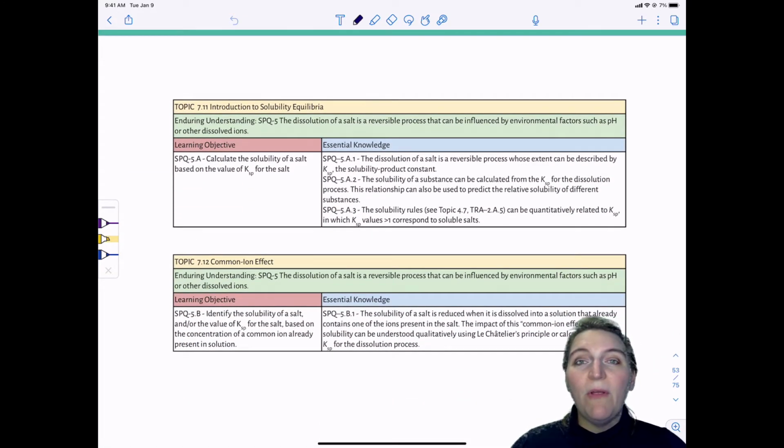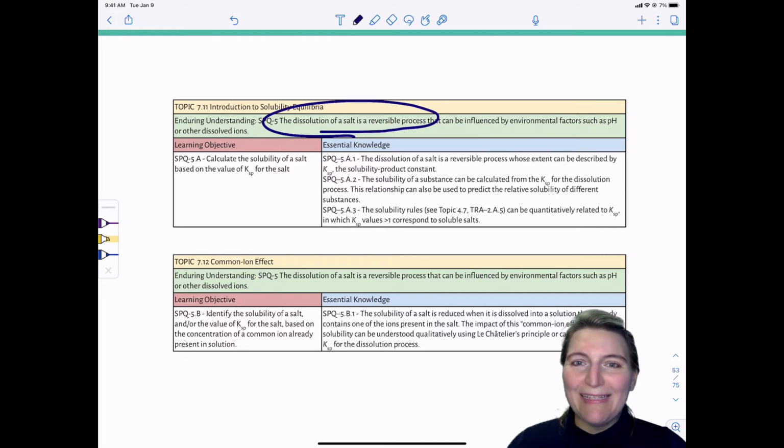There are a couple of topics that deal directly with this. This is saying that the dissolution, that means dissolving, right? The dissolving of salt is a reversible process. This is from last year. When we have a saturated solution, we know that the solid is dissolving at the same rate that the aqueous particles are recrystallizing, and that those two processes are happening at the same rate.